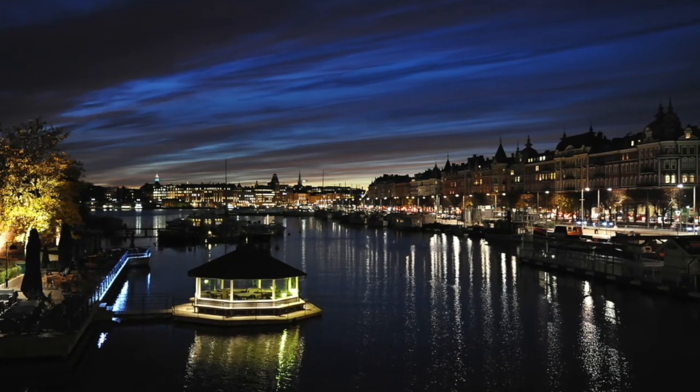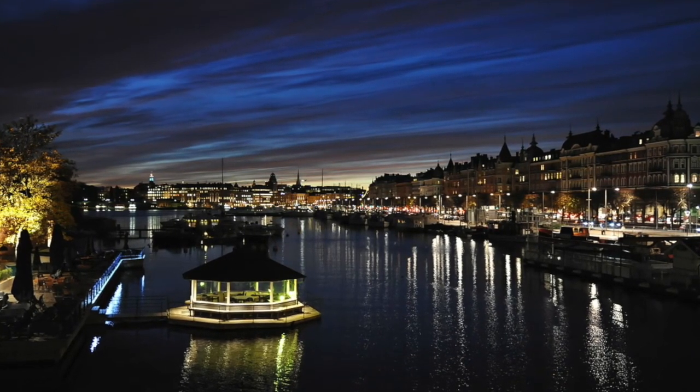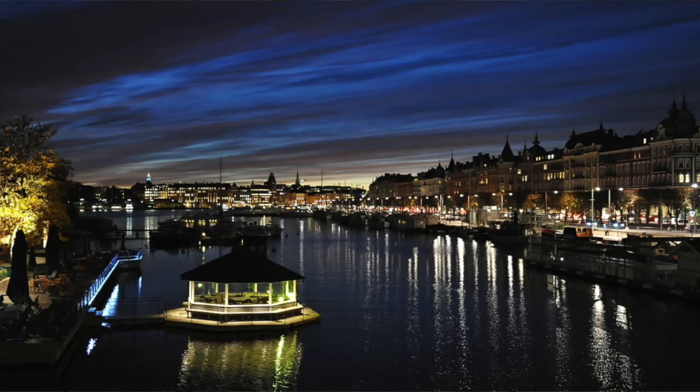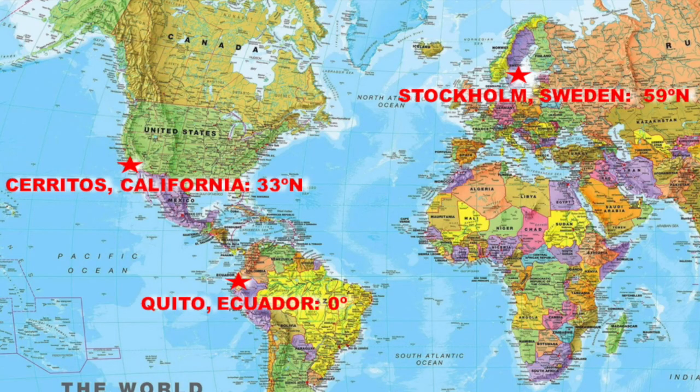Now, I'm not a morning girl, but rumor is that the sun was coming back up around 4 a.m. What does that mean? In the middle of summer, Stockholm only gets 4 hours of darkness. Do you see how that is much more extreme than our experience at the same time in the summer?